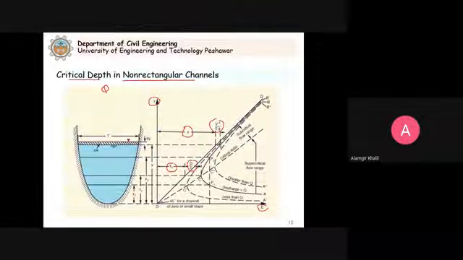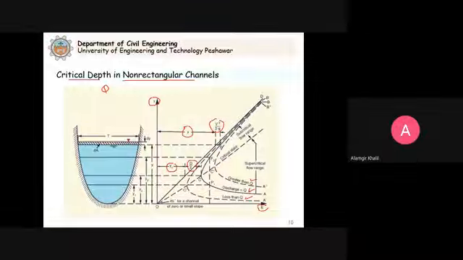Clear? Now in this case we have the discharge, and if you increase the discharge, then there will be a shift in the curve, and if you further increase the discharge, you see that the shape of the specific energy diagram remains the same, but there is a shift. When we increase the discharge, the curves move to the right. And again we have the critical conditions.